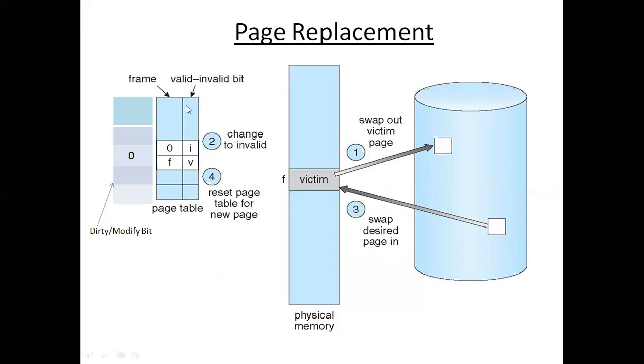Along with the valid and invalid bit, you have an additional bit, which we call the dirty or modify bit. When this bit is set to 0, it means the page in that frame has not been modified after you got it from the disk to the physical memory.